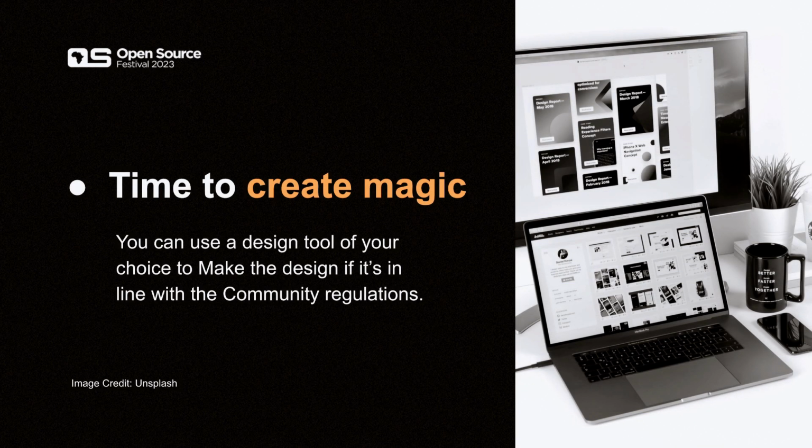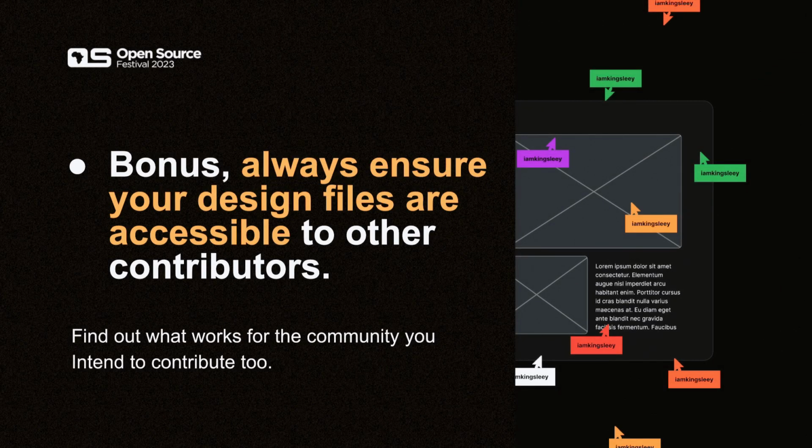Okay, once you've discovered all these and ascertained that the issue wasn't assigned, you can jump in on Figma, on Penpot, on XD, or any of these tools you use, and start doing your design. Next slide. Now, always ensure that your design files are accessible. The only reason it's open source is because the source has to be open. Your design file must always be accessible to all contributors.